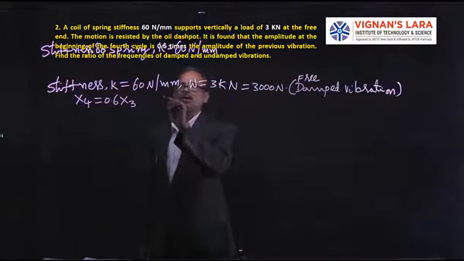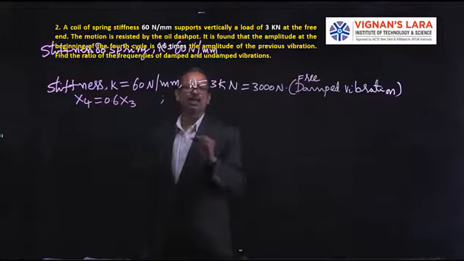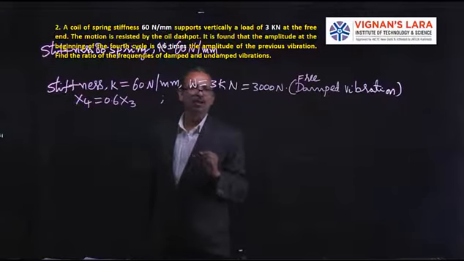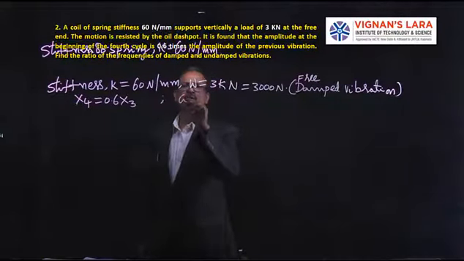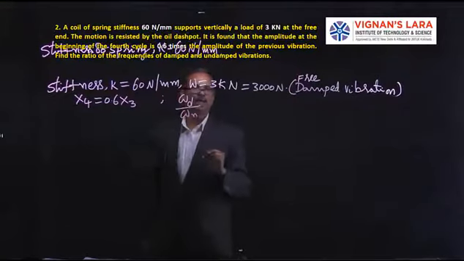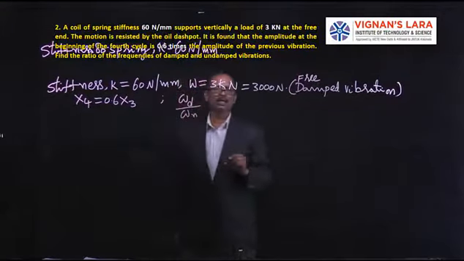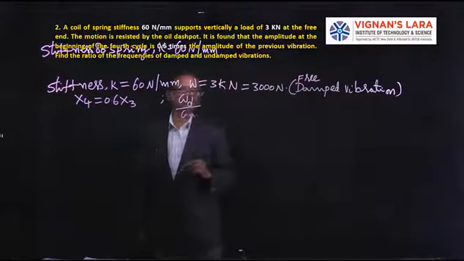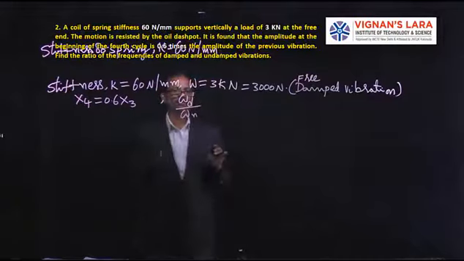So our objective is simply finding the ratio of the frequencies, that is omega d by omega n, or fd by fn. So this is what is asked to find finally. Let us see how to solve this problem.